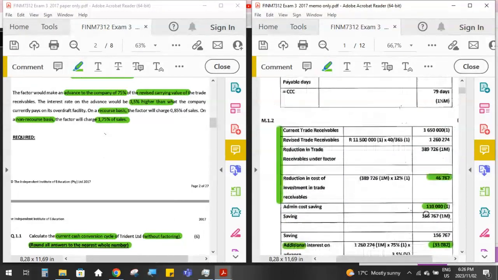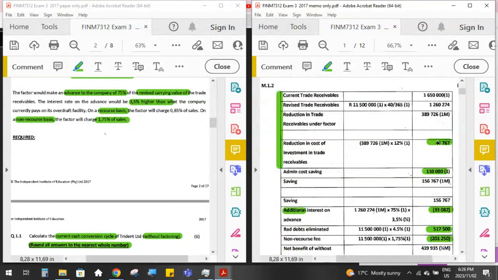And then I can add up my savings in my overdraft cost because I've got less money invested in my accounts receivable. I've got the admin saving of 110,000 Rand.